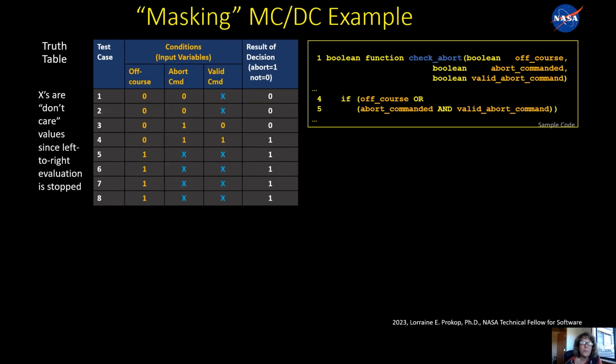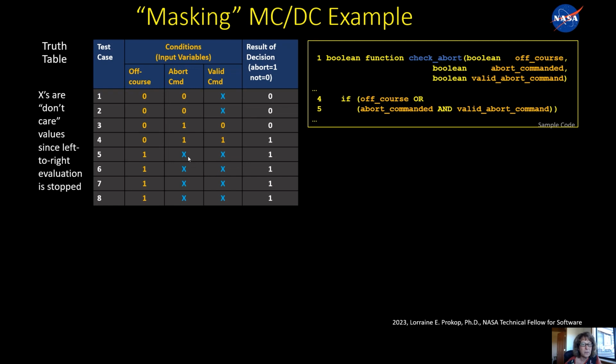The next form of MCDC is called masking. You can see I have a similar slide up, but the truth table has changed. So what is this masking form and what's going on in the truth table?